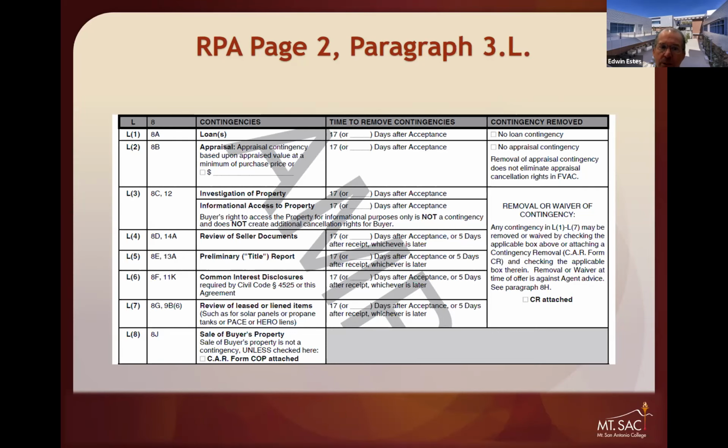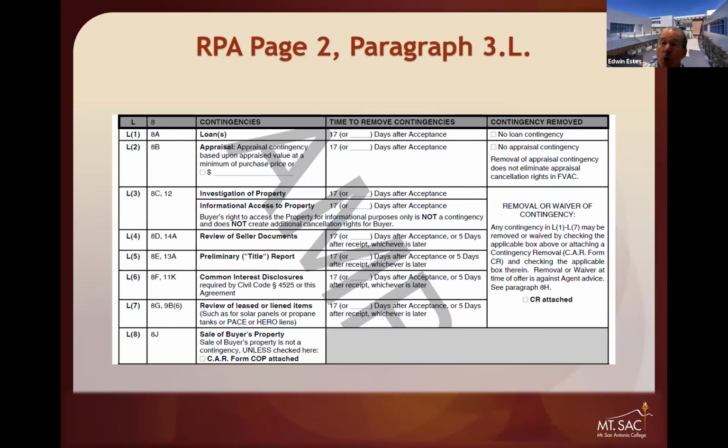Review of seller documents, preliminary title report, common interest disclosures, review of leased and leased items. And it even goes into, these are those PACE loans or hero loans, which act as a super lien, right? For people to put in solar panels, double pane windows, add additional insulation, so on.